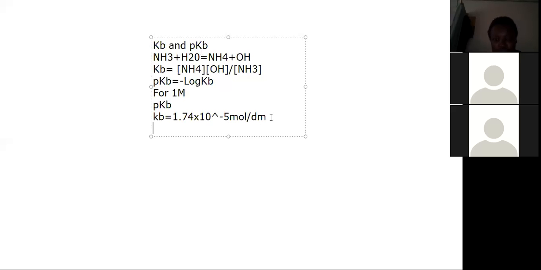So that is it. How do we solve it? Ruben, how do we solve this? We are going to use the same principle. The first question says to find the pKb, and we've already been given Kb. So pKb will be the negative log of 1.74 times 10 raised to the power -5.